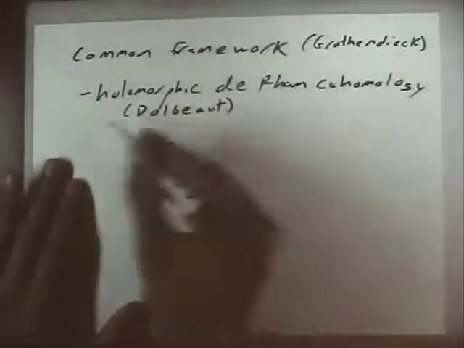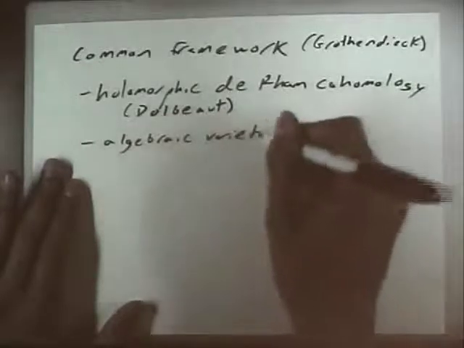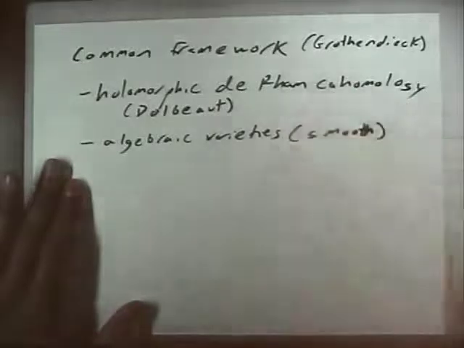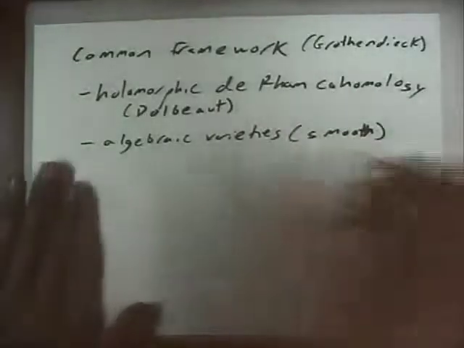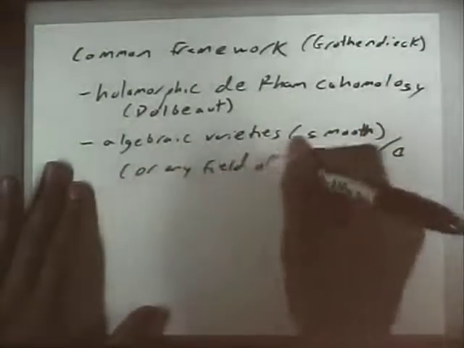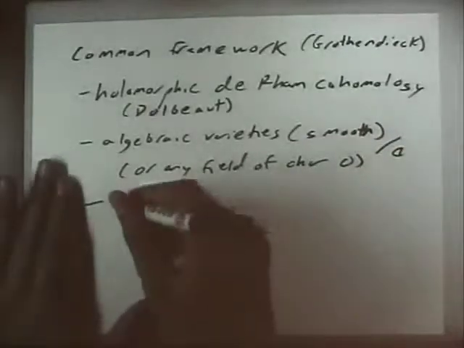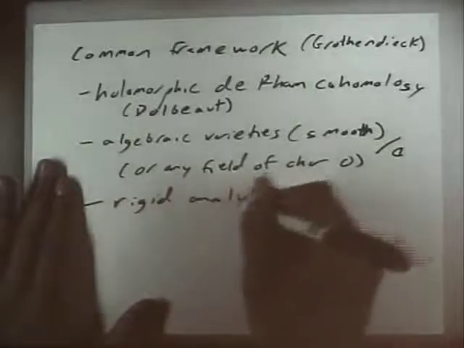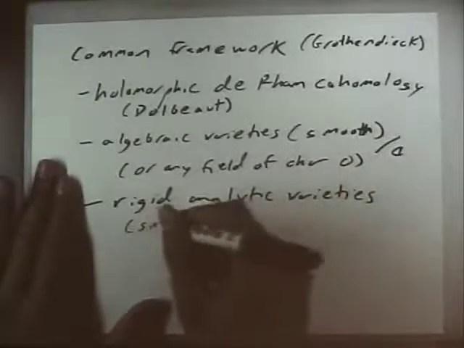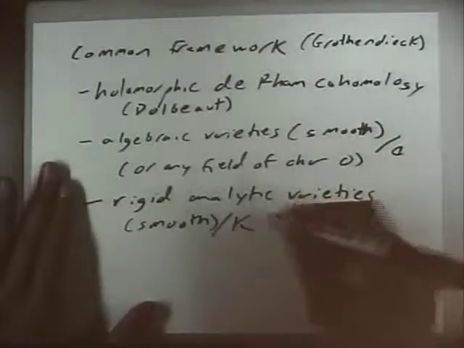And then Grothendieck realized there was an algebraic framework for this, which means you can work with algebraic varieties. Let's say they're smooth, although there's also a framework for working with non-smooth varieties, but I'm not going to talk about it, over C, or more generally, any field of characteristic 0. And this framework will also be suitable for working with rigid analytic varieties, again mostly smooth, over a complete non-Archimedean field, which will again be of characteristic 0.